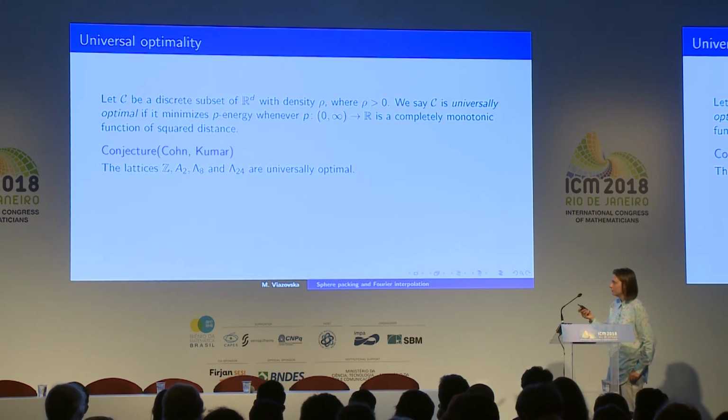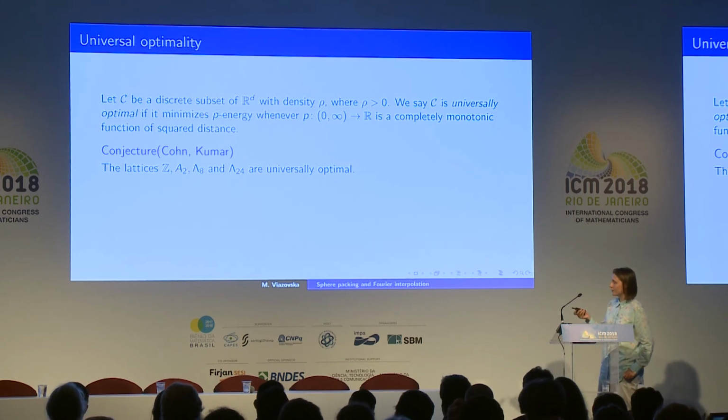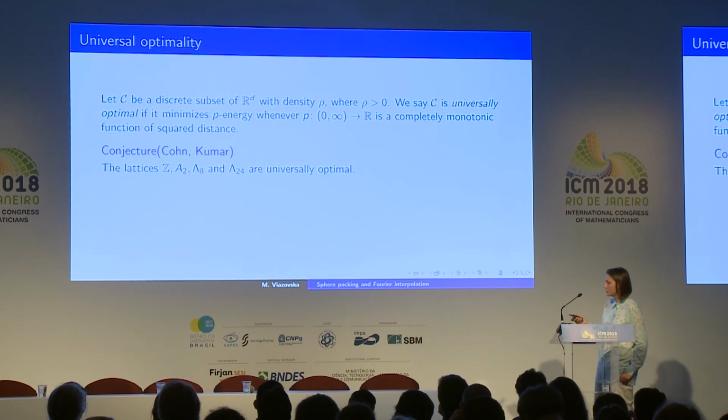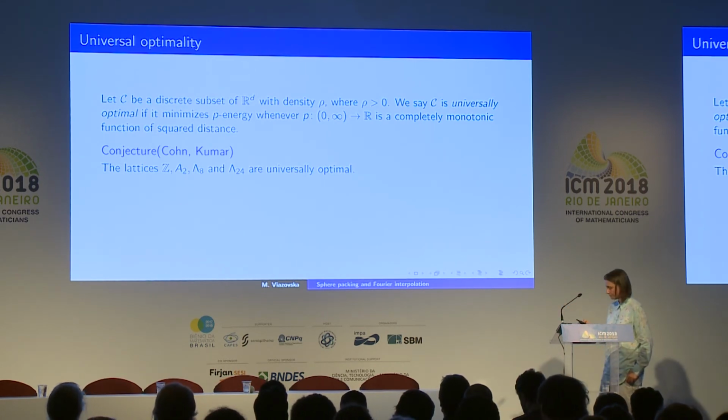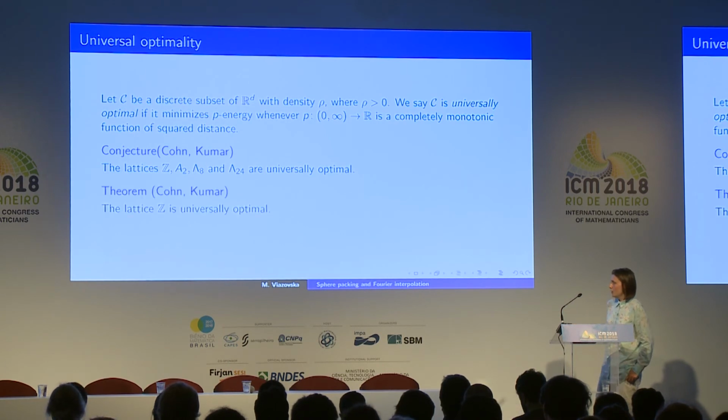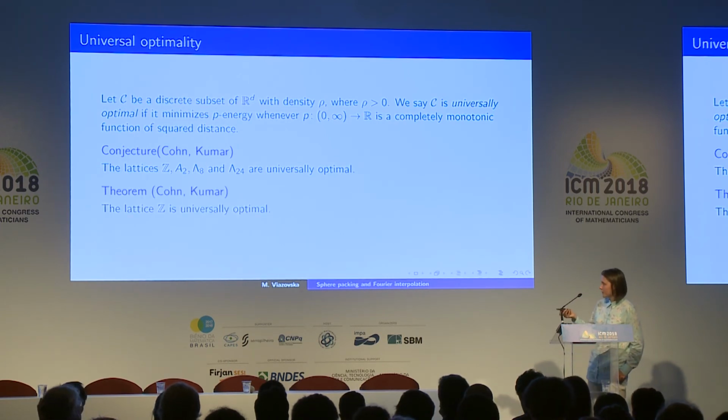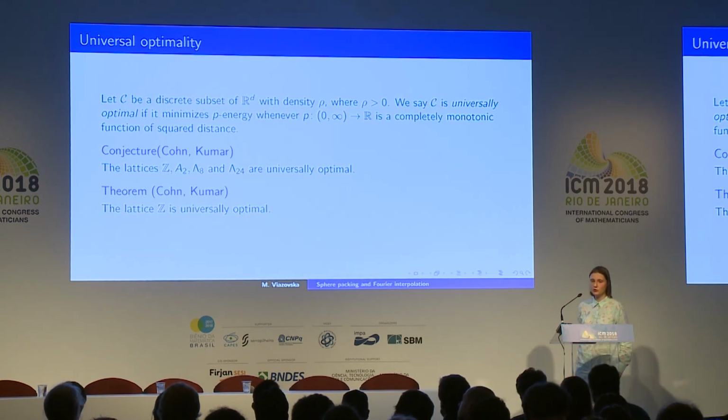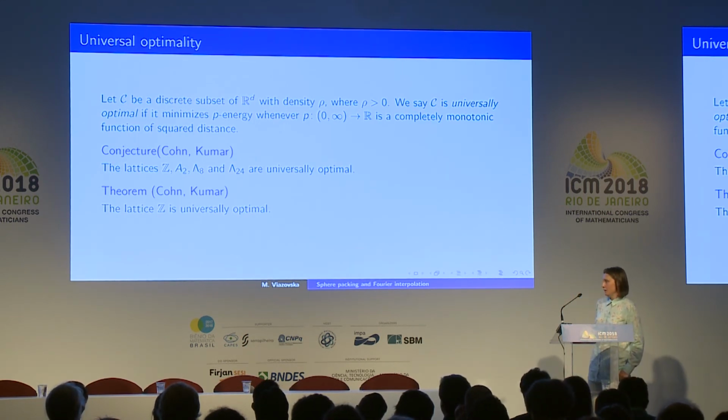And so Henry Cohn and Abhinav Kumar conjectured that these lattices are universally optimal: the lattice of integers, the hexagonal lattice A2, the E8 lattice, and the Leech lattice. Henry and Abhinav by themselves proved this statement for the lattice of integers. So we know that the lattice of integers is actually universally optimal.